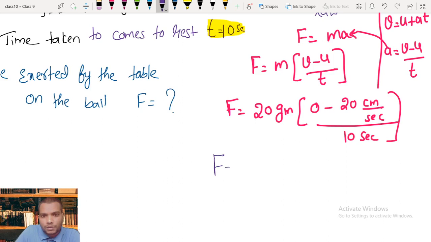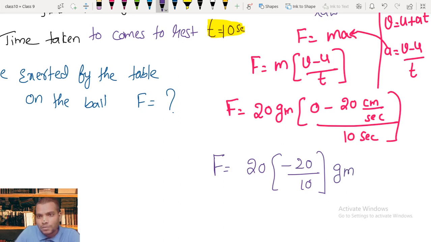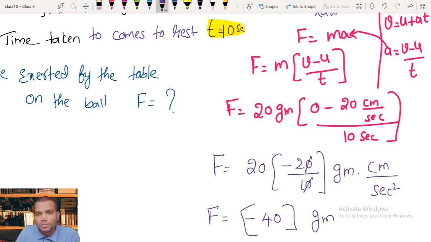Therefore F equals 20 times (0 minus 20), I get minus 20 upon 10, and the units are grams centimeter per second square. I am not converting the units, so simply calculating here, the force F equals minus 40 grams centimeter per second square.